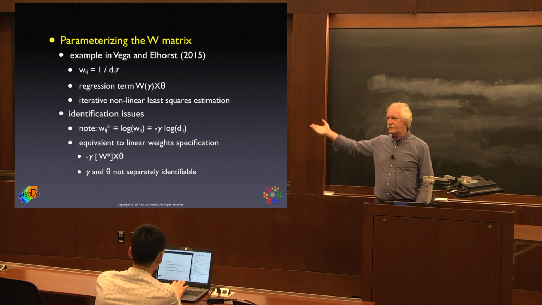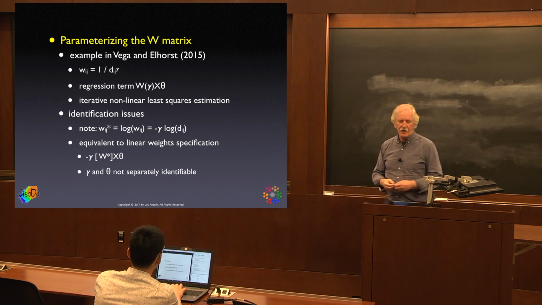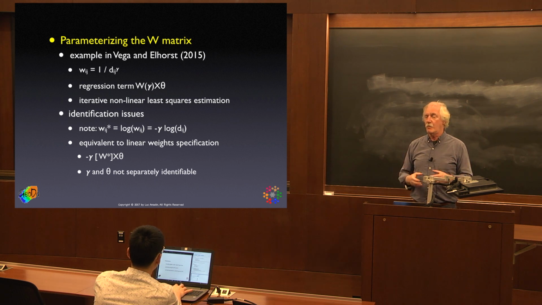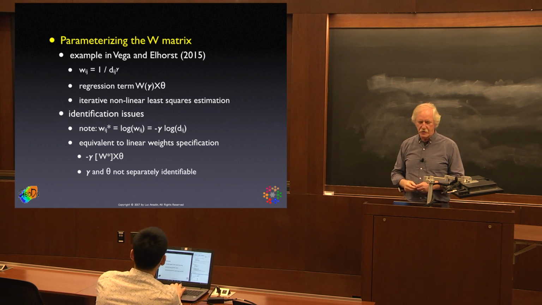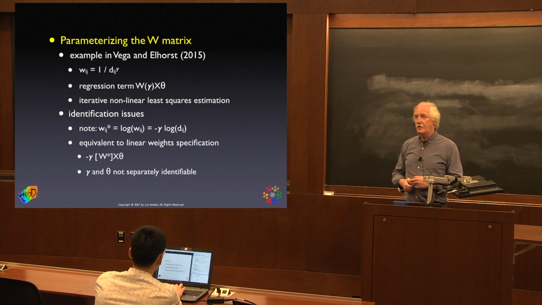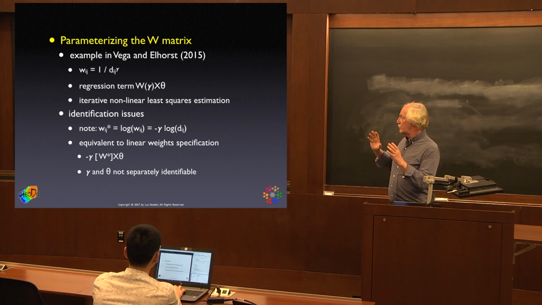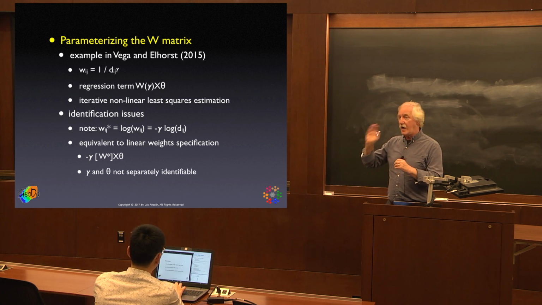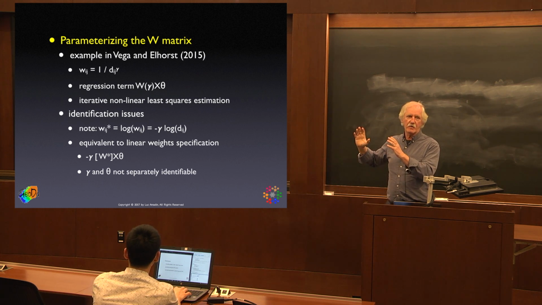So in this SLX paper, there is an example of a spatial weights matrix that is a parameterized function of distance. So it's an inverse function of distance with a parameter, this gamma parameter, right? And the regression term is W, which is a function of this parameter, X, and then a beta, call it theta, right?